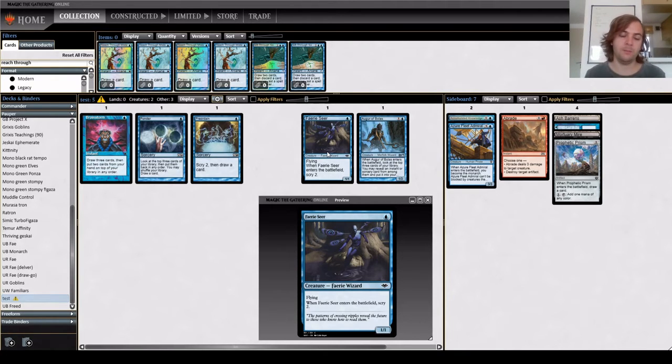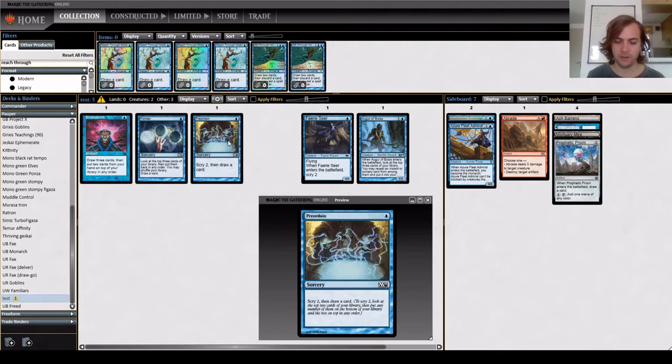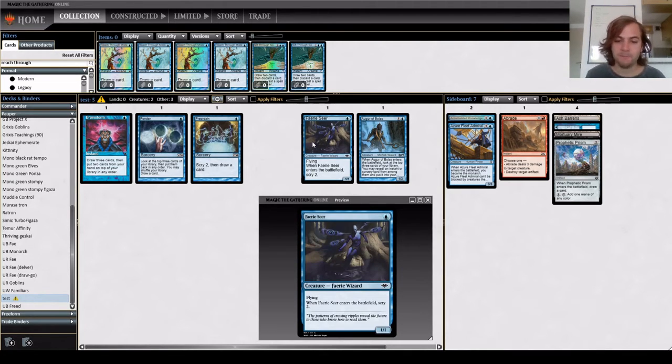So that basically helps you dig up to 4 or 5, because you also draw a card if you put all of those on the bottom, for a specific card if you want to. But it also maybe helps, like you do Preordain, you put 2 on the bottom, you draw, then you play Fairy Seer and you scry for the next turn, basically. So it helps you with that.